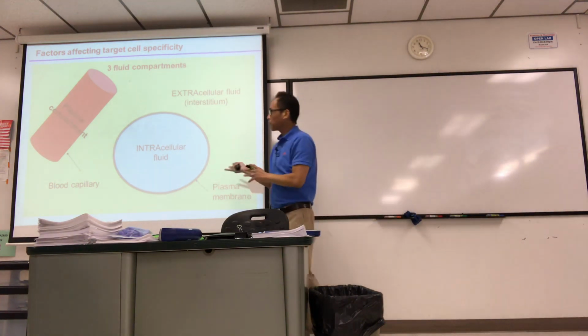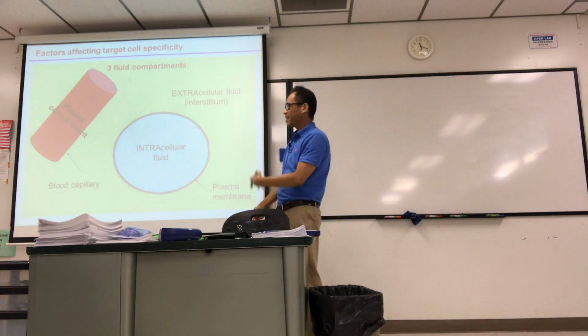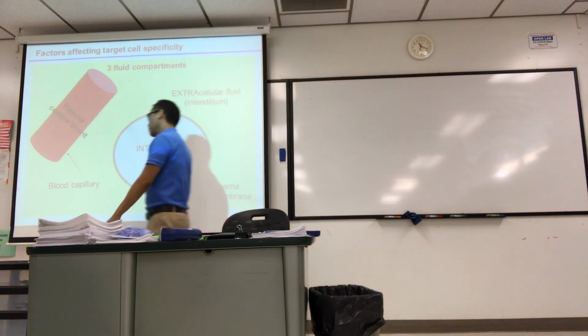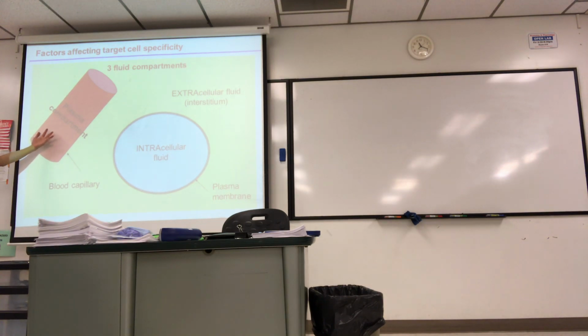All right, I have a picture here. You should be able to appreciate the three fluid compartments. It's not necessarily a study guide point, but you have to appreciate that the hormones are secreted in the blood. Blood is contained within blood vessels. Blood vessels are containers for blood. So that makes it a compartment.